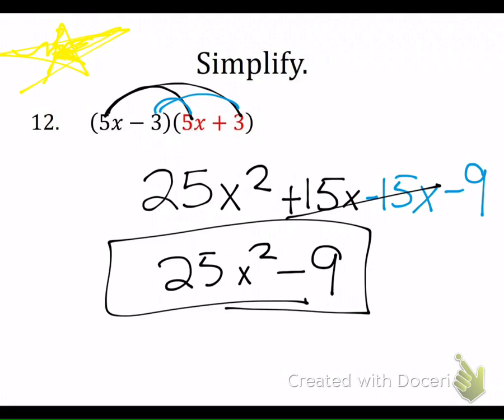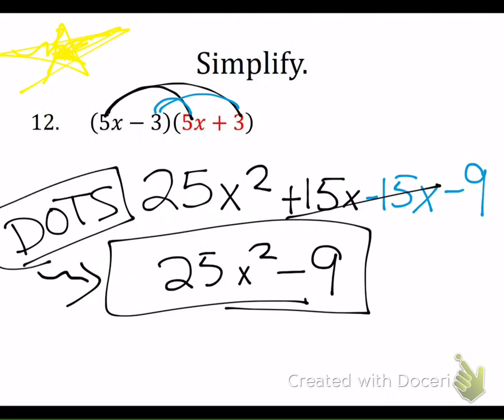Now, this right here is called a DOTS. DOTS stands for difference of two squares. So 25 is a perfect square, right? It's 5 times 5. 9 is a perfect square. It's 3 times 3. Difference means a minus.